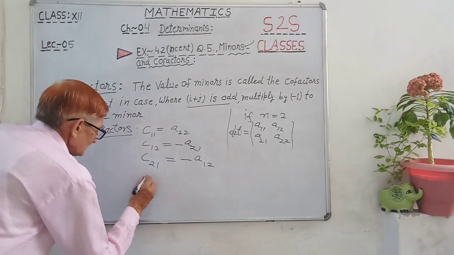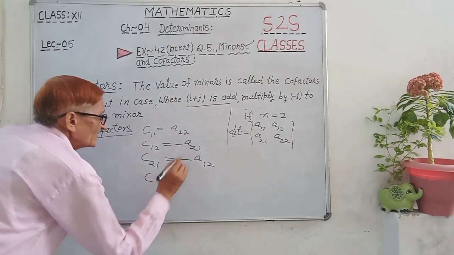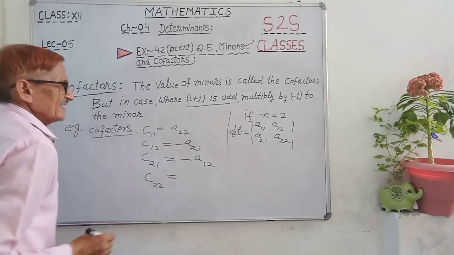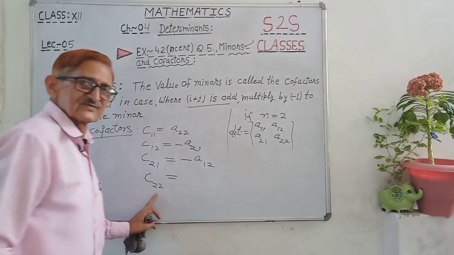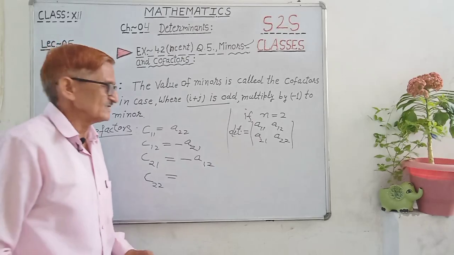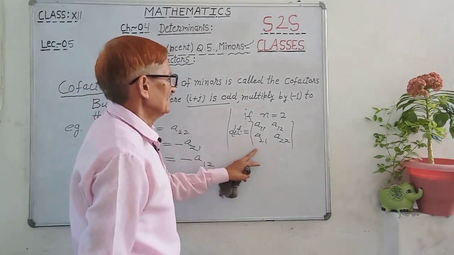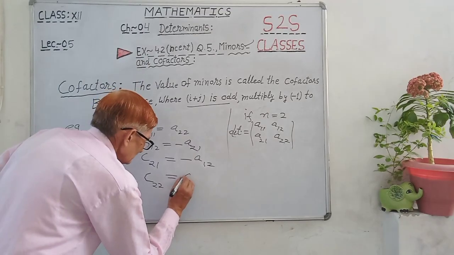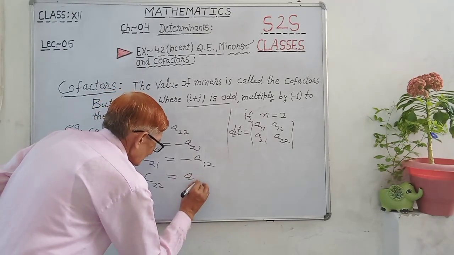Then C22: the sum is even, so the minor stays as it is, A11.